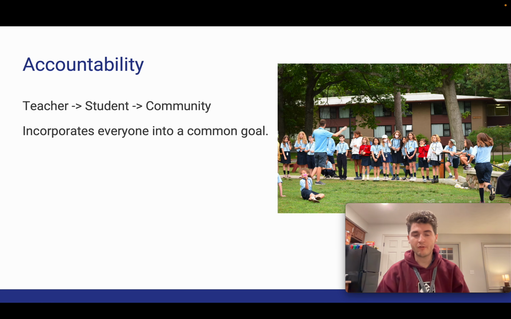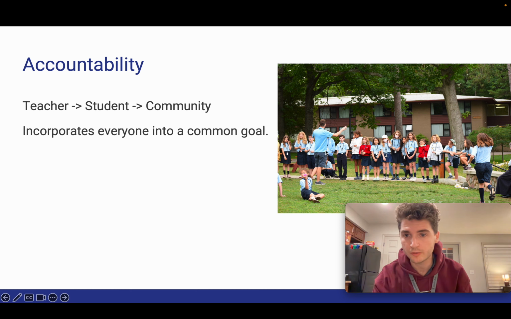So in terms of accountability, you need 3 components of accountability in order for it to be as best as we can make it. So the teacher needs to be held accountable, which is me. The students need to be held accountable. Here's an example of my students that I had last year.